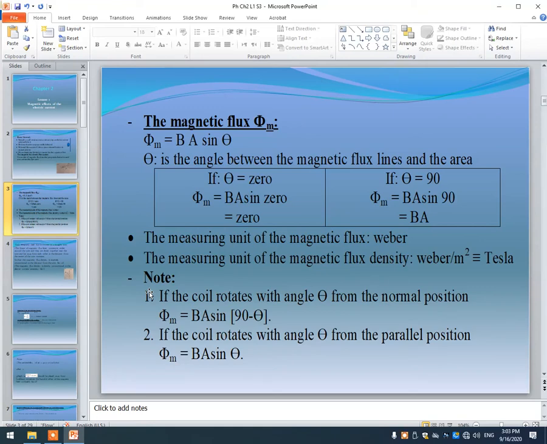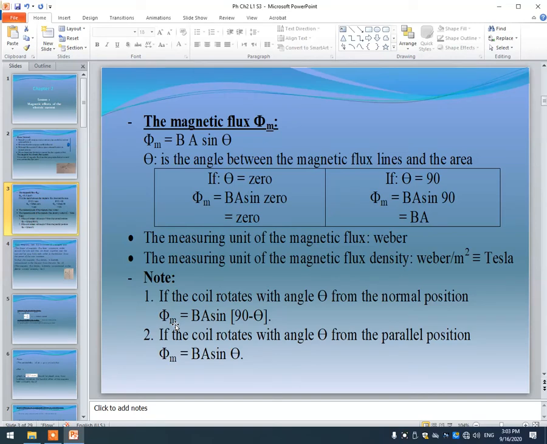What will happen if this coil or this area rotates by angle theta from the normal position, from the perpendicular position? Here the angle will change from 90 to this certain angle theta.